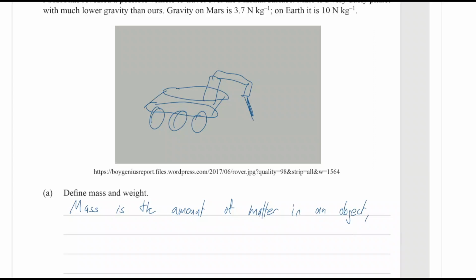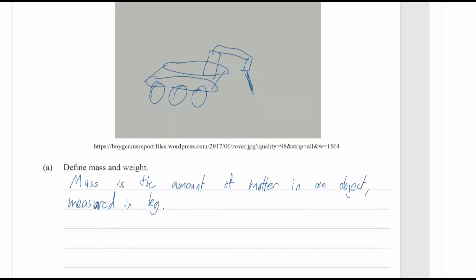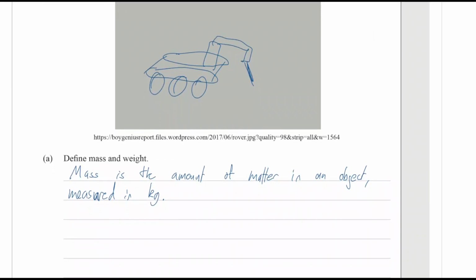And what is it measured in? It is measured in kilograms, right? In kgs. So when you go to the grocery store and things cost, I don't know, $4 per kg, that's per mass, right? Per unit mass.